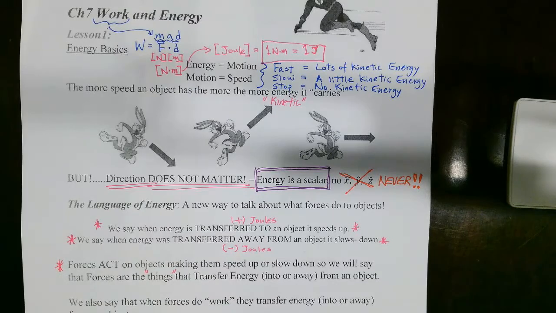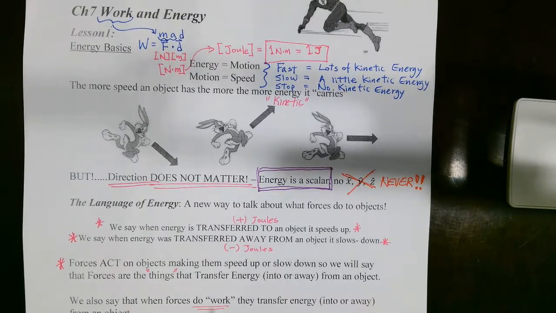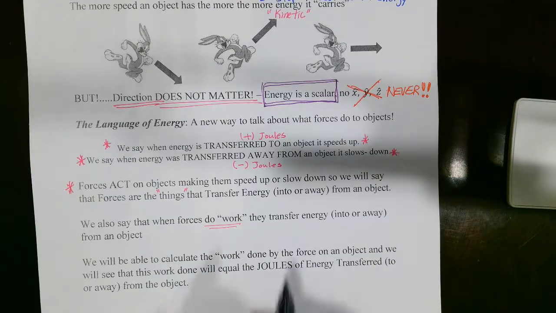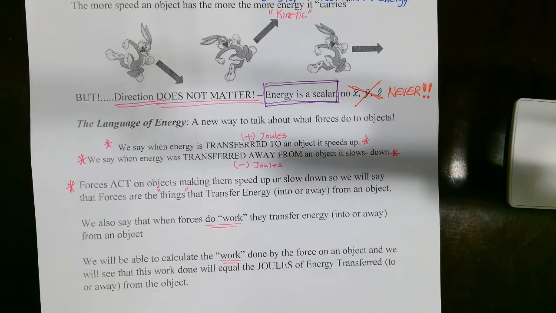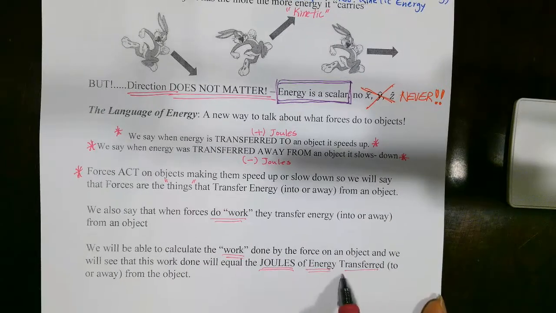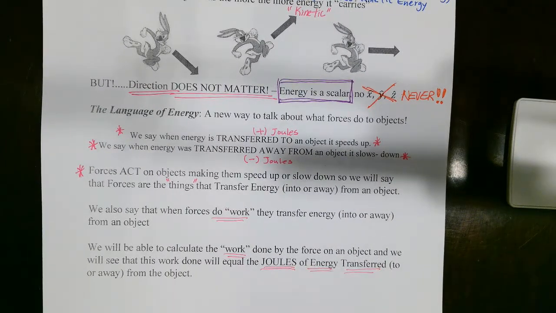We also say that when forces do work, they transfer energy into or away from an object. So we will be able to calculate the work done by the force on an object, and we will see that this work done will equal the joules of energy transferred to or away from the object.